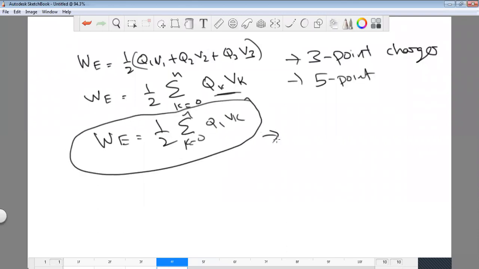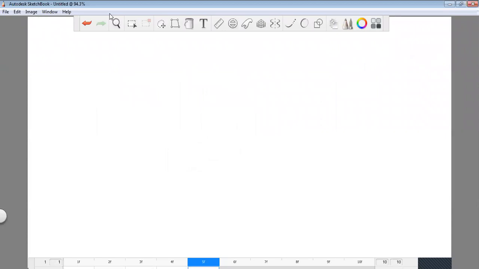So this is with respect to the work done, and now we are going to write this work done equation in each form. Let us take a single point charge: 1 by 2 QV. In this equation, Q is going to be replaced with line charge, surface charge and volume charge.